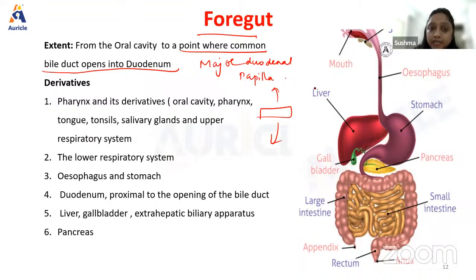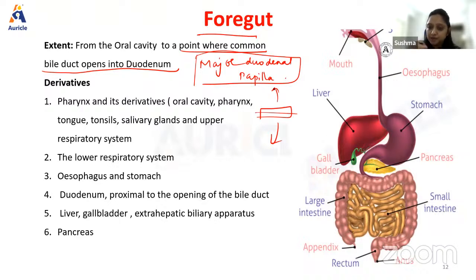The extent of the foregut is the major duodenal papilla, where the common bile duct opens into the duodenum, and not the ligament of Treitz.